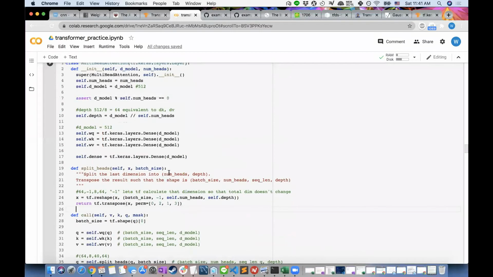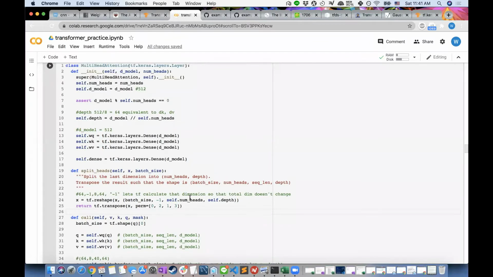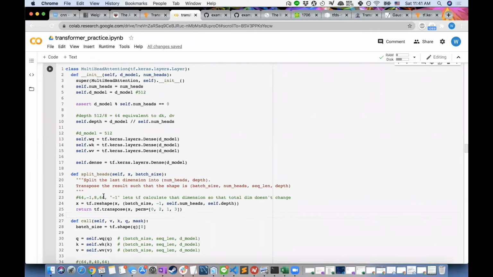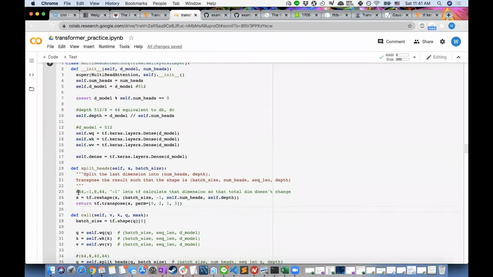So you're not actually separating them, you're just reshaping them by splitting this 512 into 8 by 64, with 8 as the number of heads and 64 as your depth. So you have your batch size, and you leave the final dimension to be calculated by TensorFlow itself.